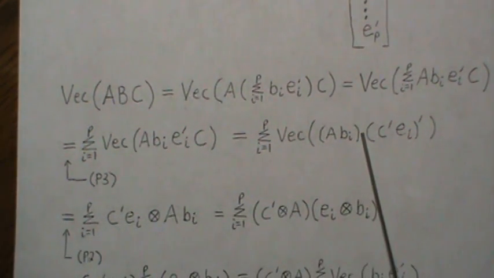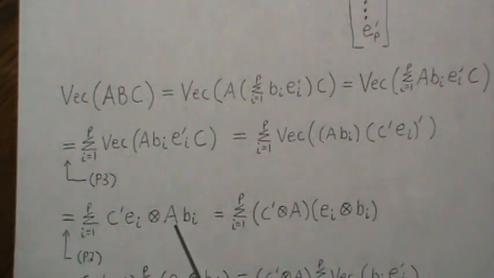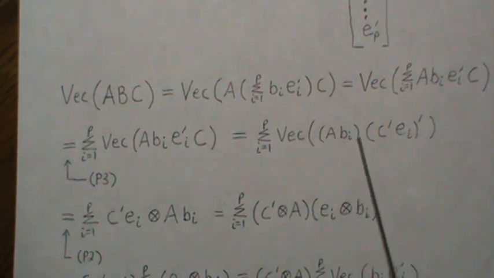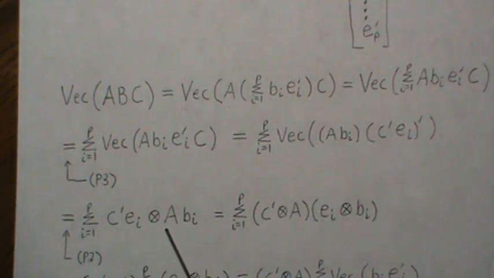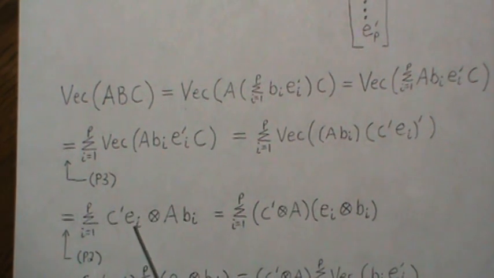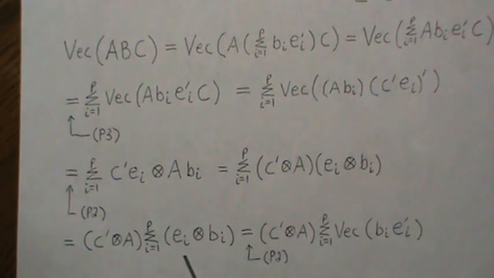Now, by property 2, the vec of this vector multiplication is the Kronecker product of the two. That's by property 2. Now, by a property of the Kronecker product, we can split those like this. You'd have to go back and look at the Kronecker product video. So it can be written like this, and then since this isn't indexed, it can be brought out of this sum.